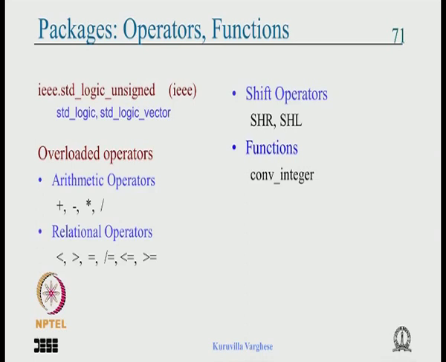So you specify the address as, say, 4 bit 1010. It should go to the 10th location, so normally that is converted to an integer, 10. For this we use conv_integer, and you specify the std_logic_vector here, and it returns an integer which can be used as an integer type.